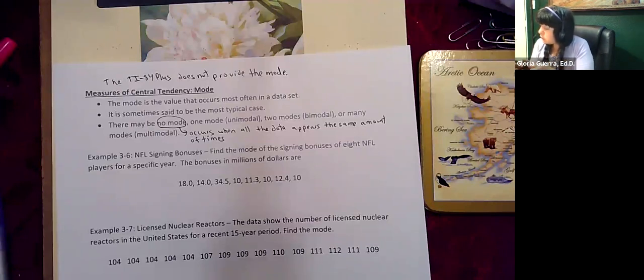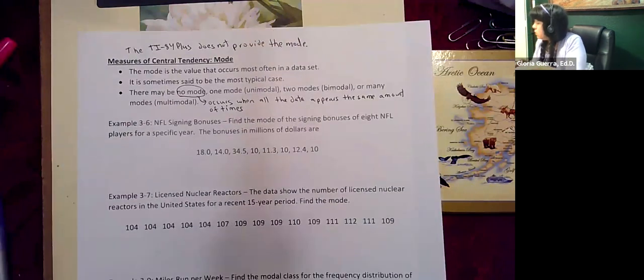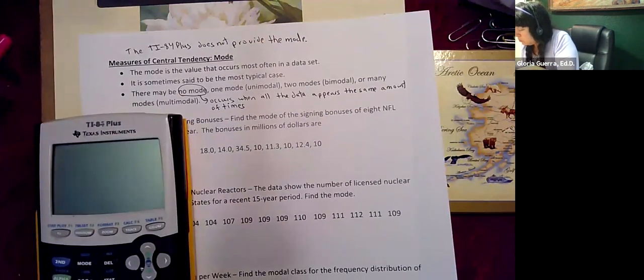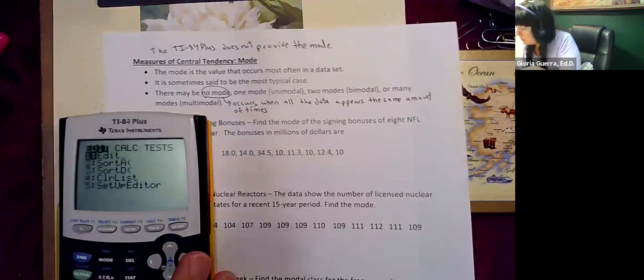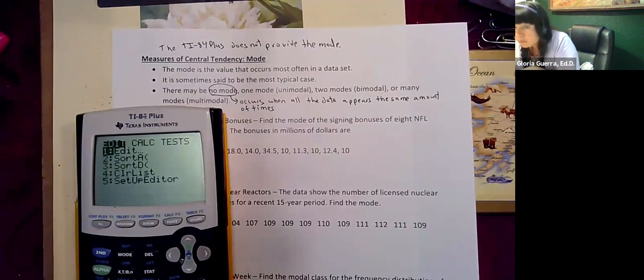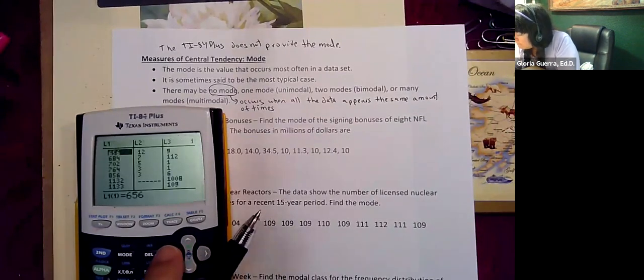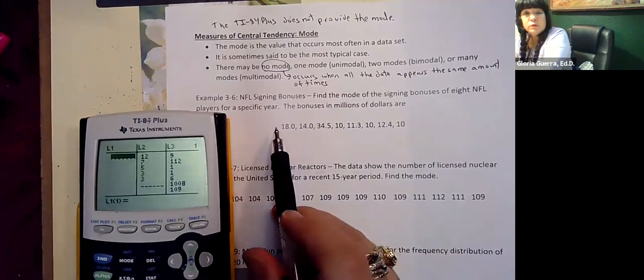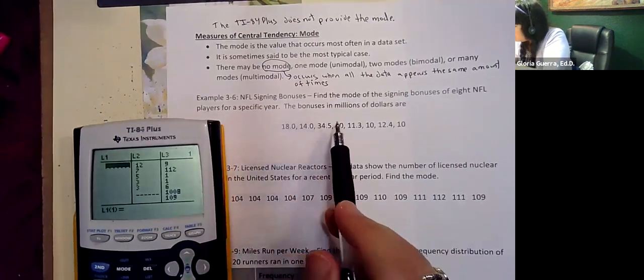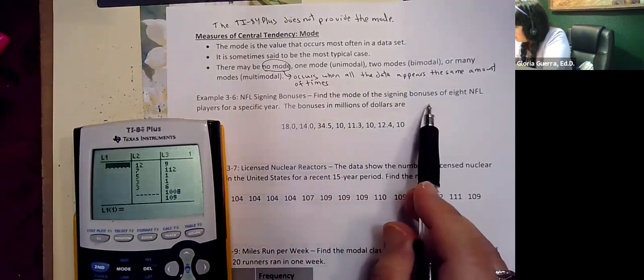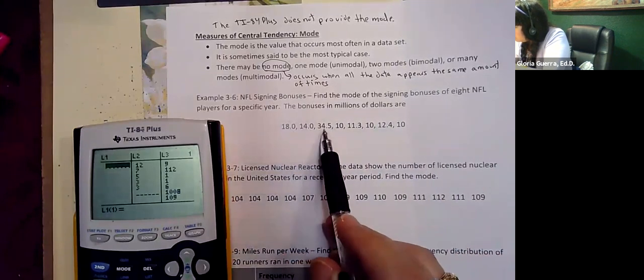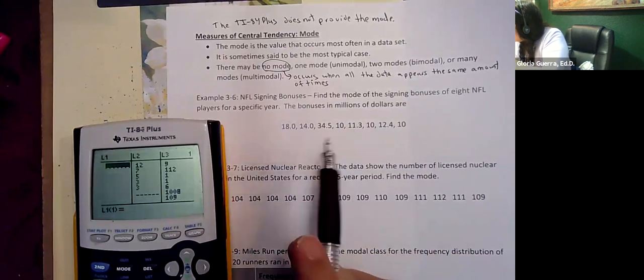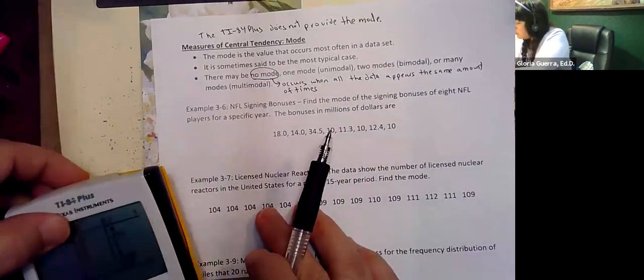Okay, so if I enter this data, go to stat, edit, you want to clear the data in the first column, and enter this data here. NFL signing bonuses: find the mode of the signing bonuses of 18 NFL players for a specific year.